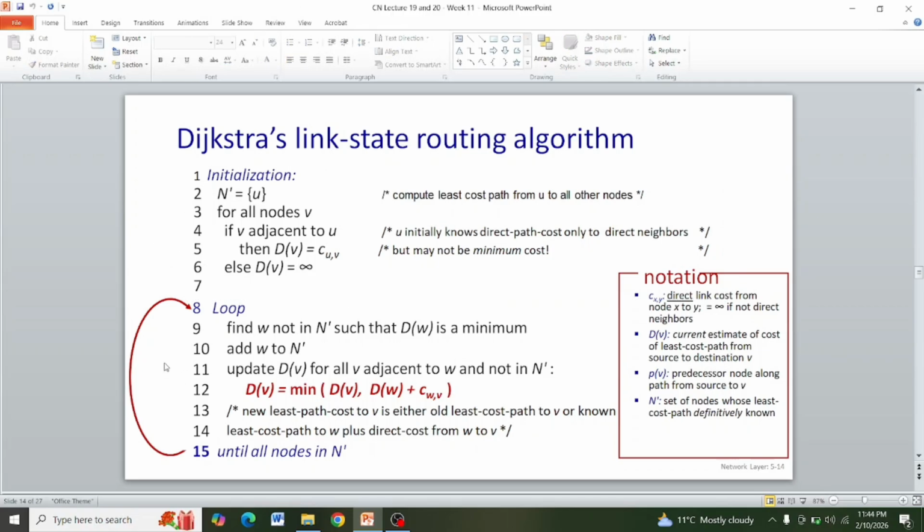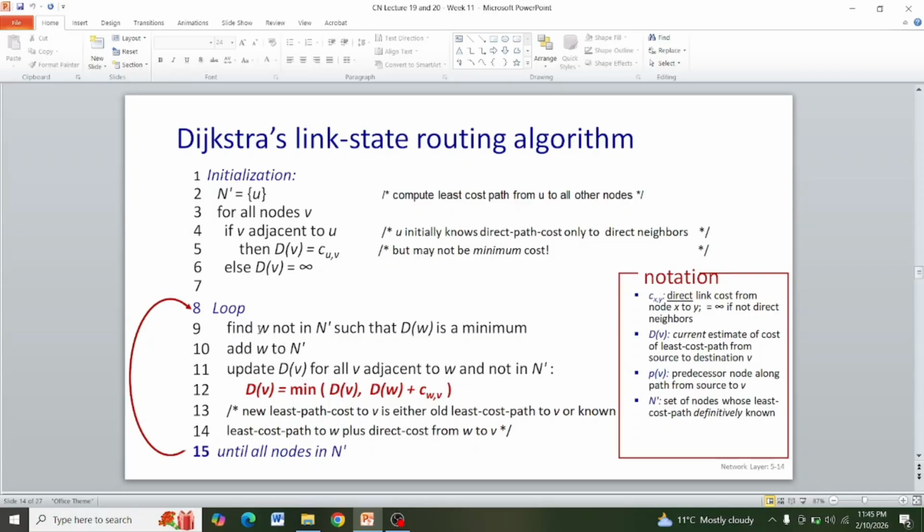Now comes the second phase of the Dijkstra algorithm, which is related to the loop. In this case, find W not in N prime. We know that N prime is the set of all nodes whose least cost path is definitely known.